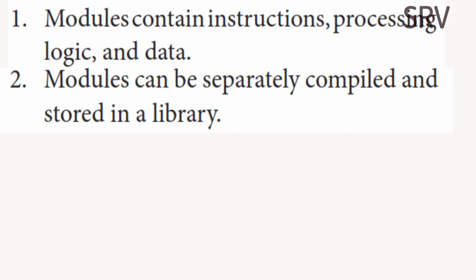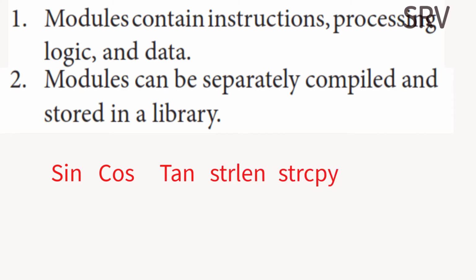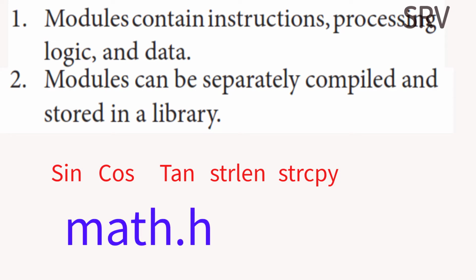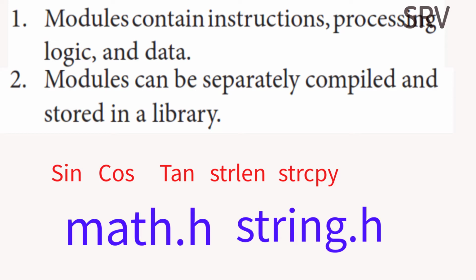For example, in C++ we use sin, cos, tan, strlen, that is string length, strcpy, that is string copy, etc. Such functions are stored inside the library under header files, math.h and string.h. If we want to use these library files in our program, the concerned header files are included in our programs.